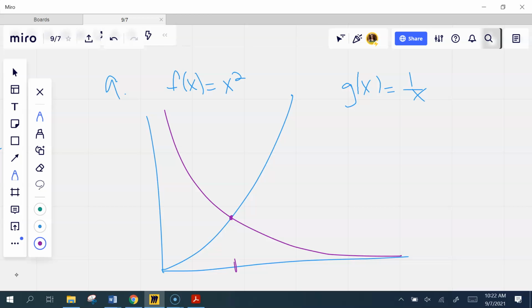At 1, 1. Do you agree with that? This is the point 1, 1. Are y'all okay there? Where does x squared equal 1 over x? Oh, okay. So it says add the y coordinates directly.